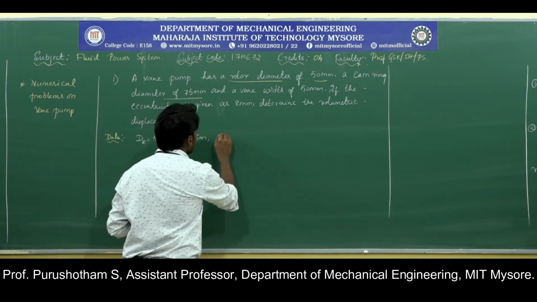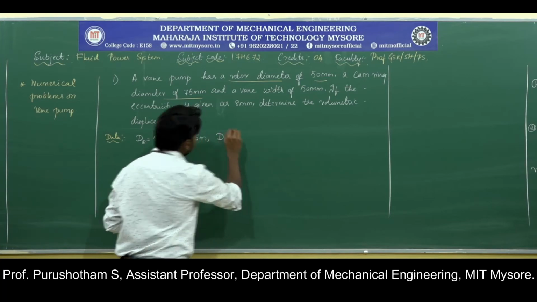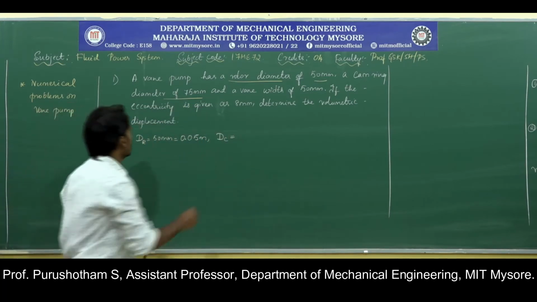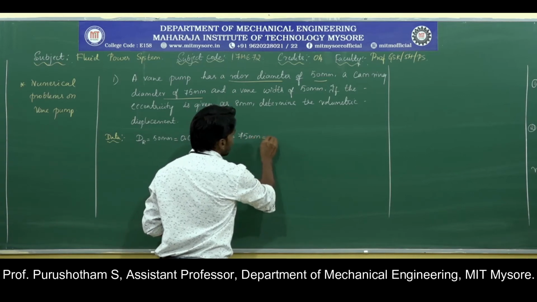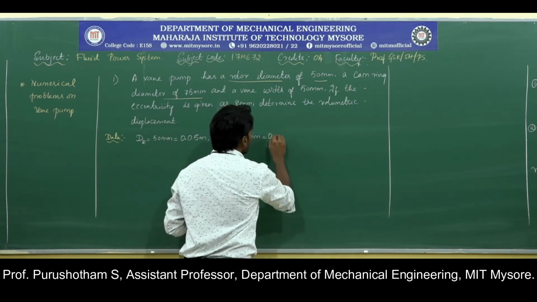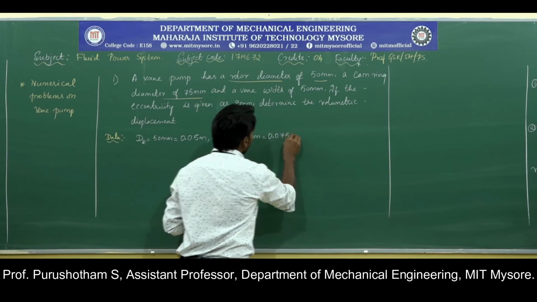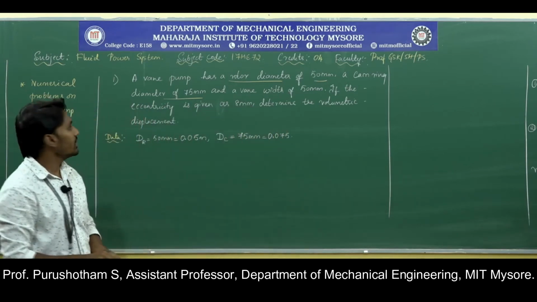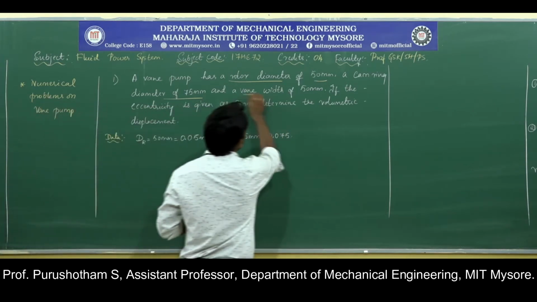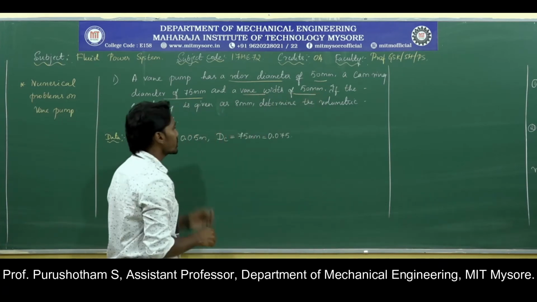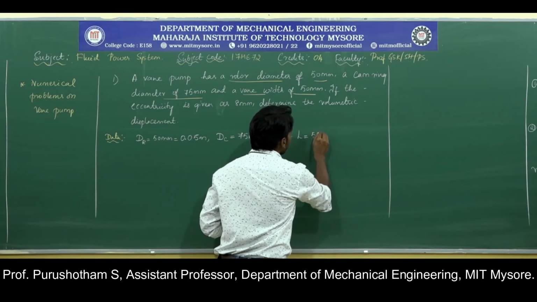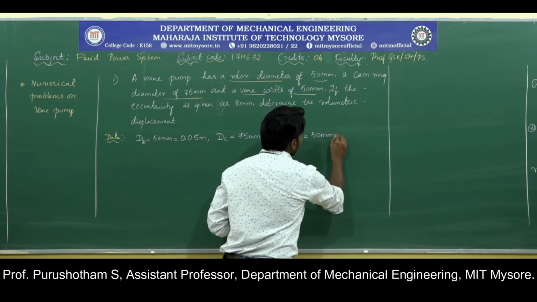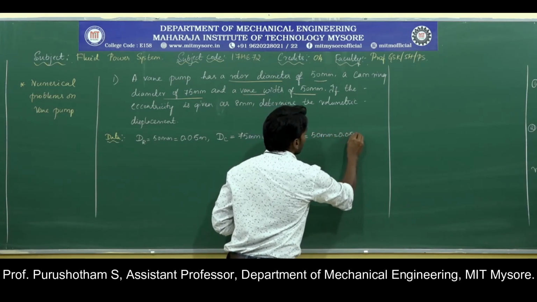Then the cam ring diameter is also given, that is 75 mm. I will take this as dc, the diameter of the cam ring, which is 75 mm, and represent it in meters, that is 0.075. Then the vane width is also given, represented by L, that is 50 mm, which is nothing but 0.05 meter.